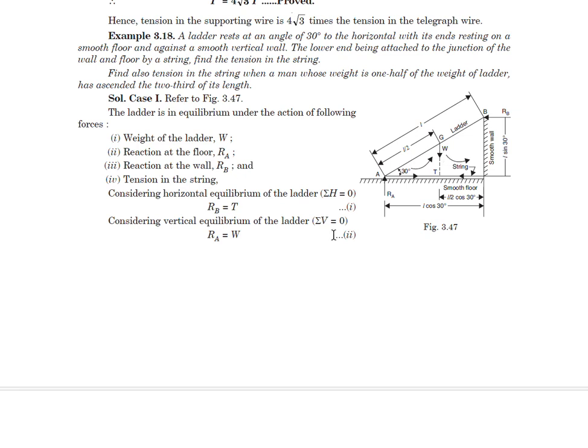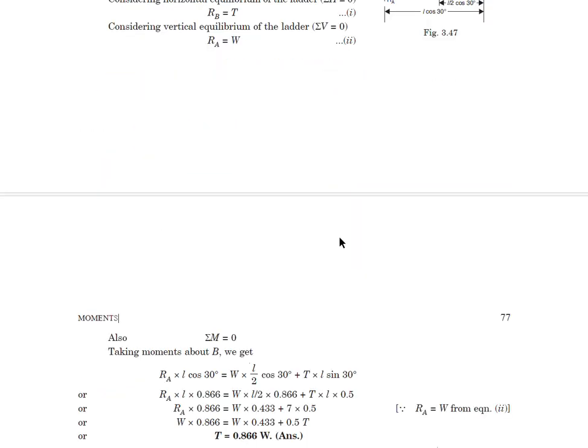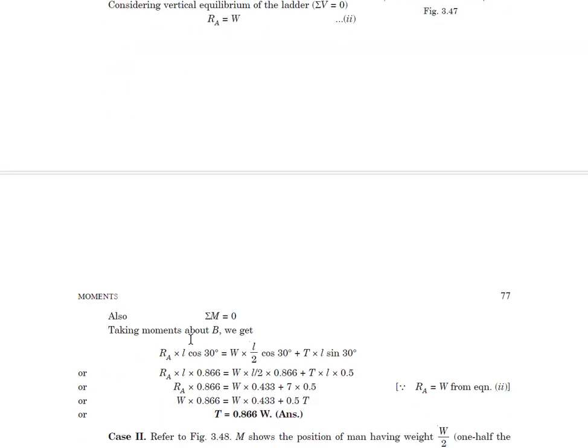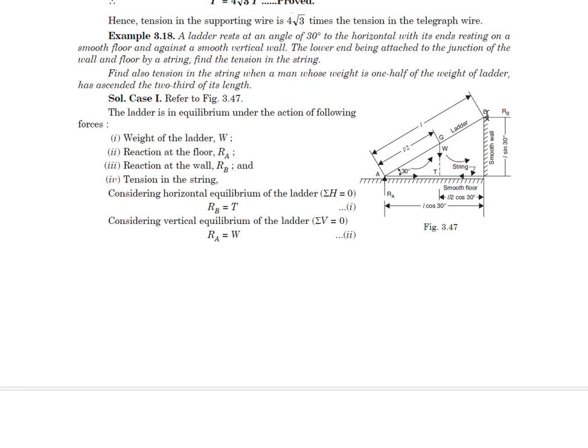Okay, and then you can find out the moments also, because we'll have to find the moment. By taking the moments about point B, so this is point B, the moment for force RB, reaction RB, will be 0.